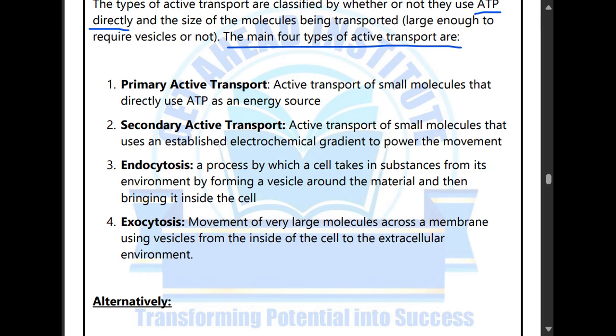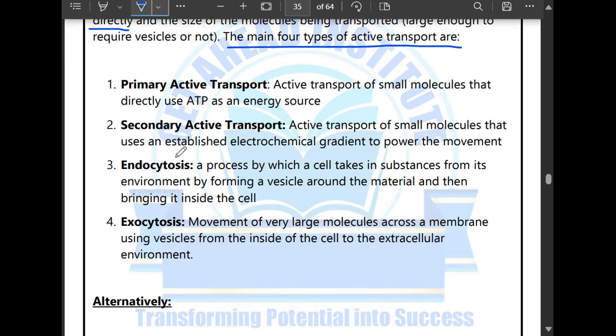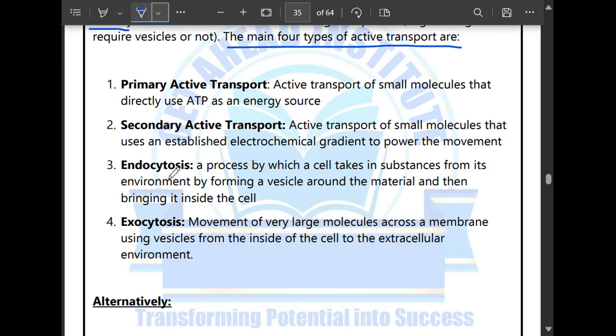So this one, secondary active transport, will use the energy that might have been generated by primary active transport.